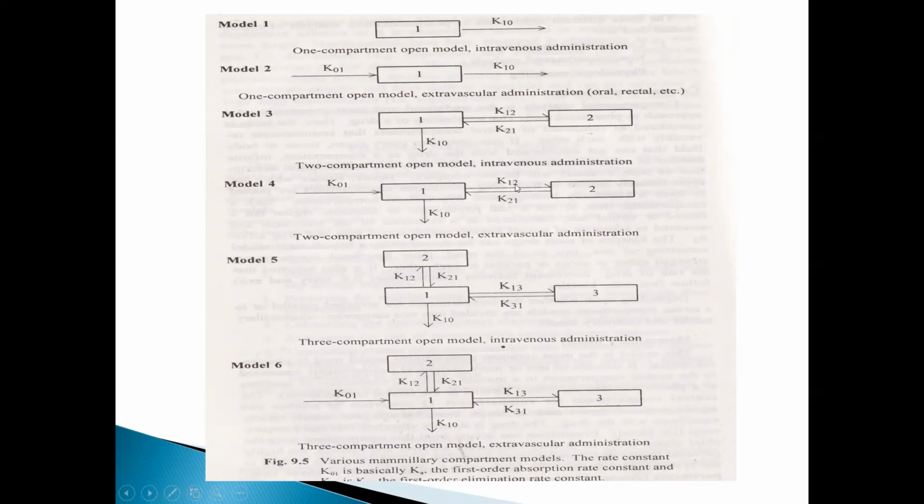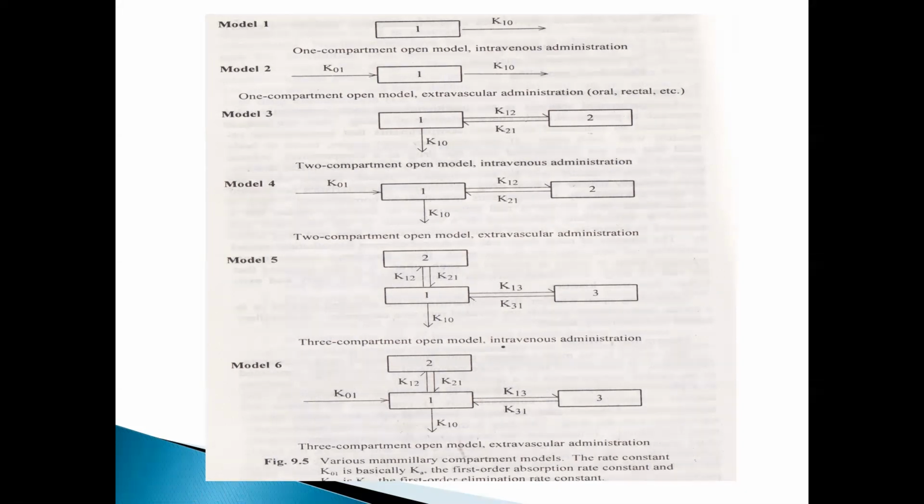And then from 1 to 2, it is denoted by K12. So movement of drug from 2 to 1 is given by the rate constant K21. So there is the absorption phase, there is the distribution phase, and there is also the elimination phase. Each of these are described by rate constants.